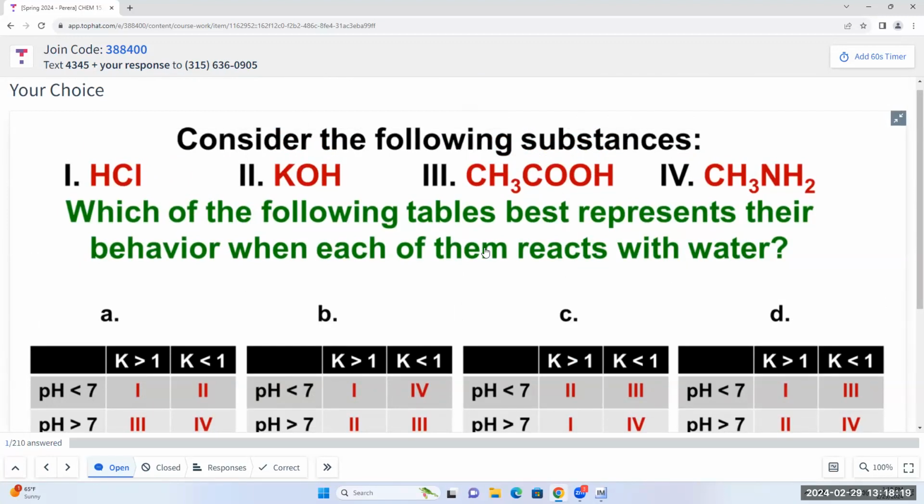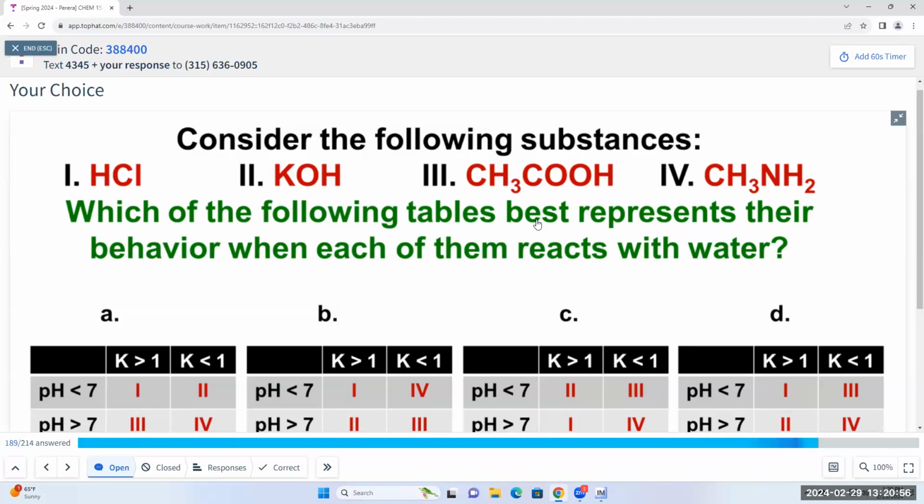Here are 4 species. All right, we are getting close to 90% answers.